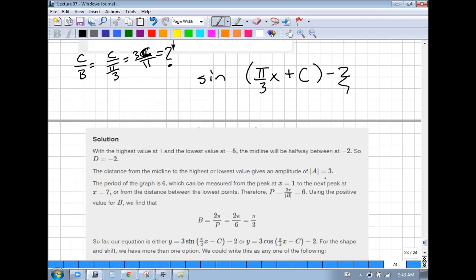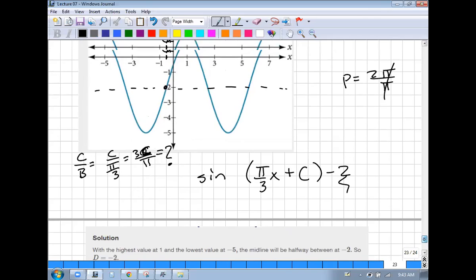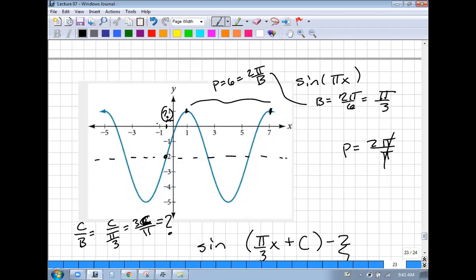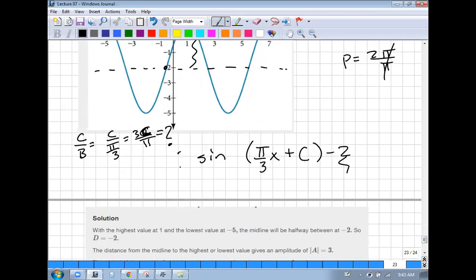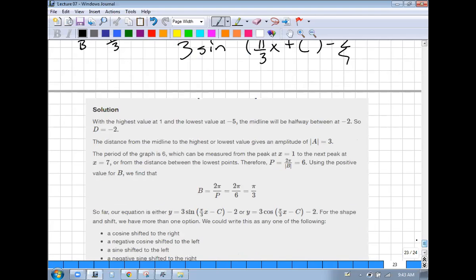We saw that the amplitude was 3. No, we didn't do that, did we? So that's the other part we forgot. From here to here is from -2 to 1, so the amplitude is 3. Period was 6. We figured that out. And so we figured out that b had to be pi over 3.